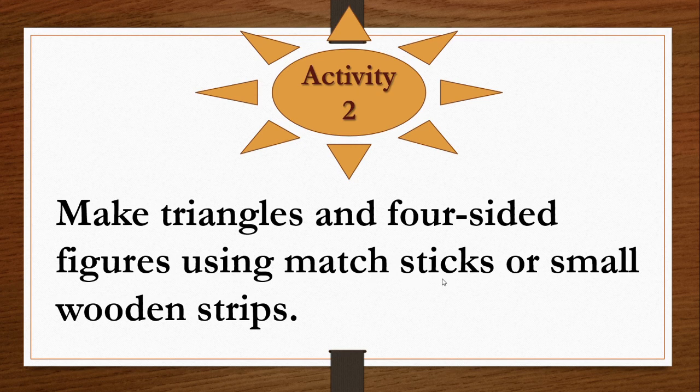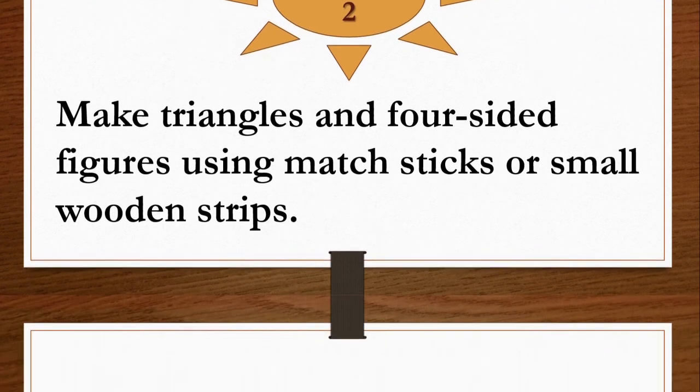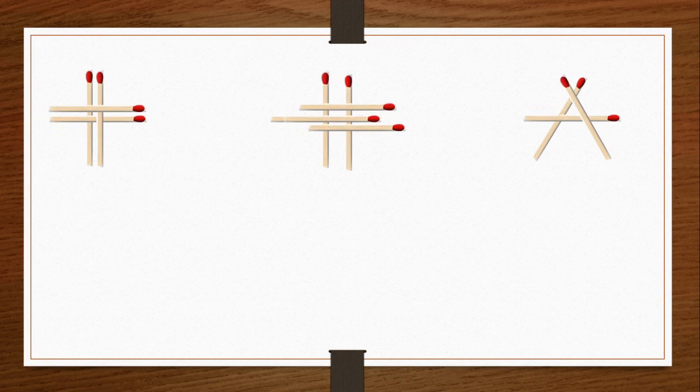Matchsticks, you know, correct? Okay, we will try this. See, here I have some matchsticks. Okay, we will try to make the shapes of triangle and four-sided figures by the help of these matchsticks. This also you can do at your home.